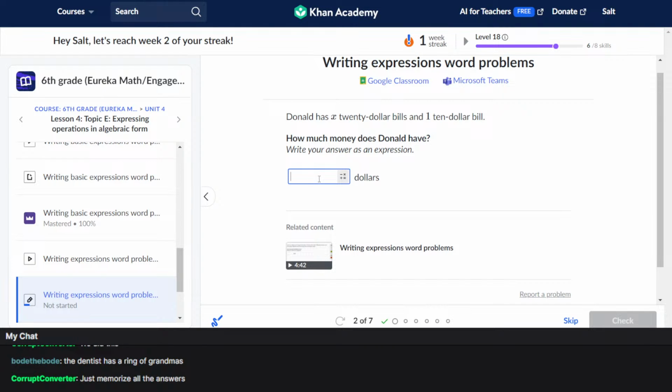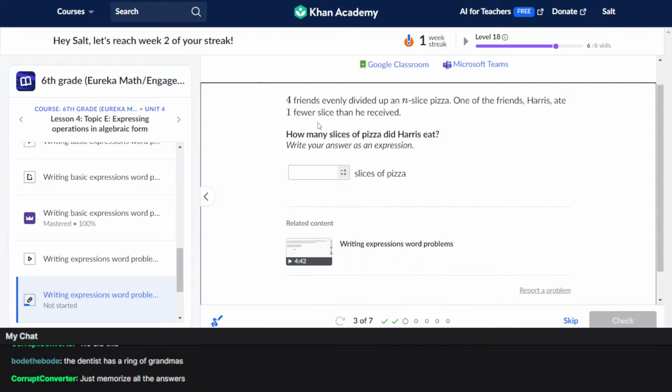Donald has $20 bills and one $10 bill. How much money does Donald have? 10 plus 20. 4 friends evenly divide up an n-slice pizza.